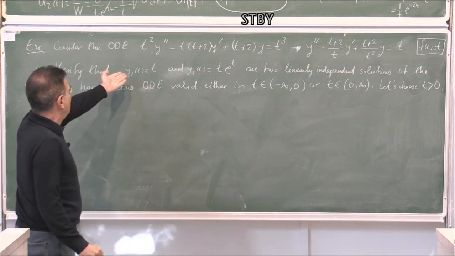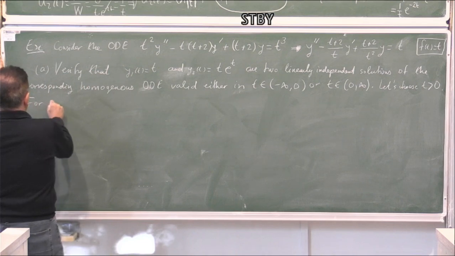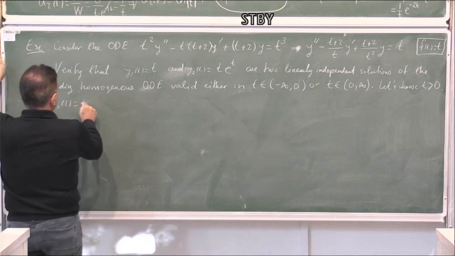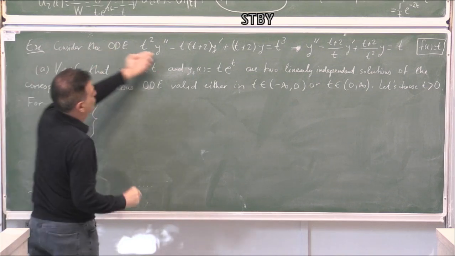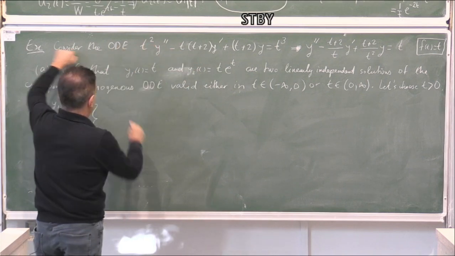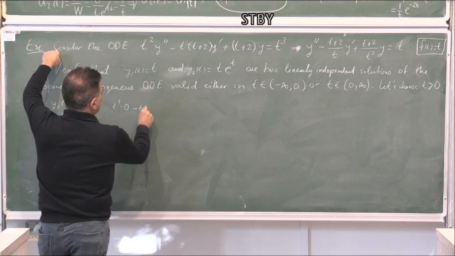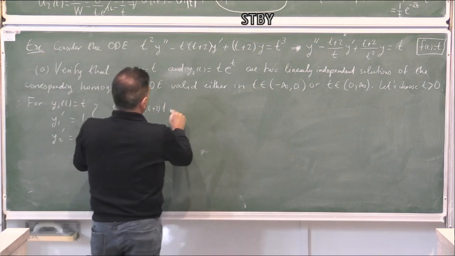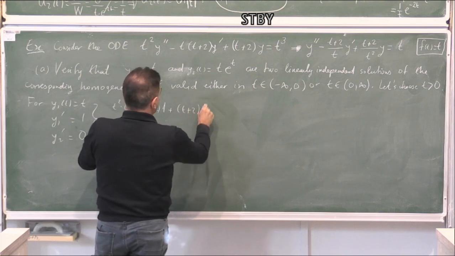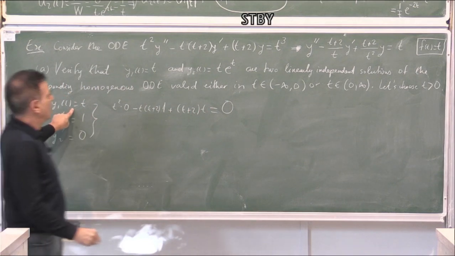So let us verify that, for example, for y1 of t equal to t, what is the derivative? 1. What is the second derivative? 0. So substitute into the homogeneous part. Okay? We have t squared times 0 minus (t plus 2) times 1, plus (t plus 2) times t must be 0. Okay?